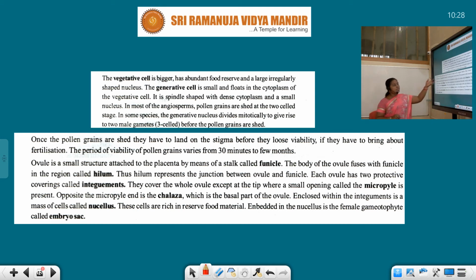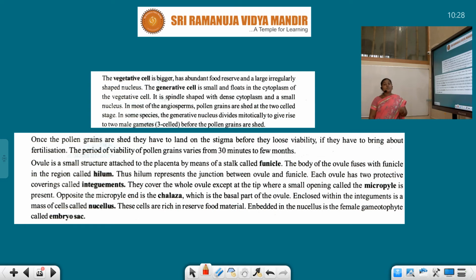Once the pollen grains are shed, they have to land on the stigma. Shed means what, students? Once the pollen grains are released or come out of the anther, what is the immediate step they have to do? They need to land on the stigma for the process of fertilization, before they lose their viability. It is a living thing, it has some viability period.